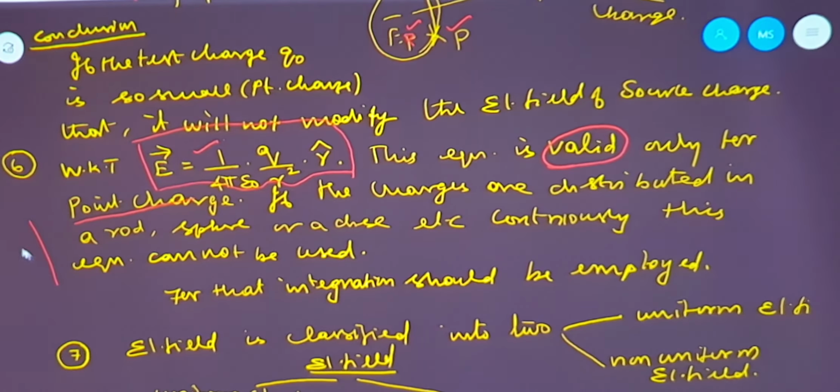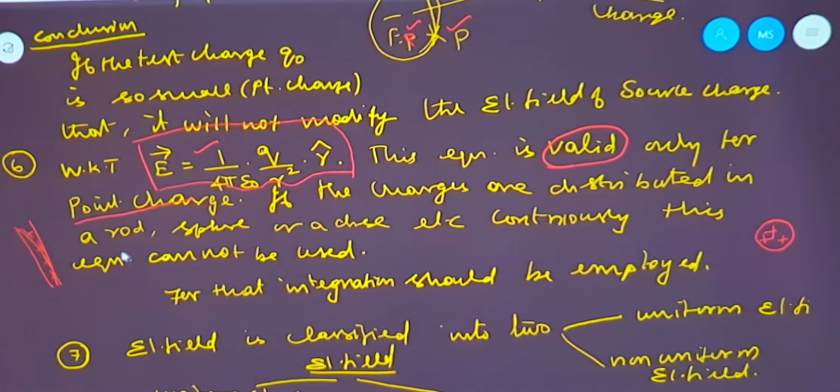You may have a long rod where the charges can be distributed continuously, or you may have a sphere where the charges can be distributed continuously.